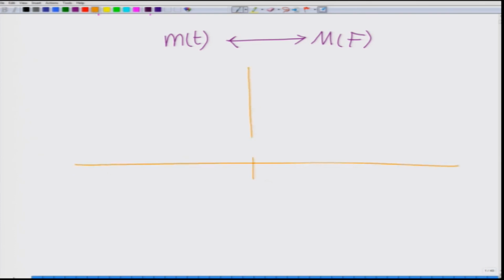We have our message signal m(t). I am drawing the Fourier transform.